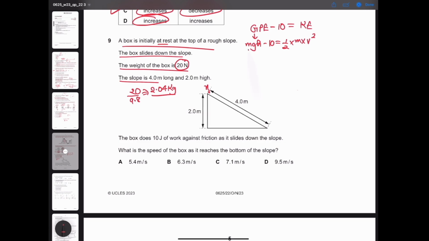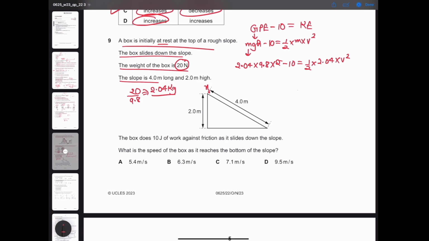Alright. So m is 2.04, g is 9.8, height is how much? 2 minus 10 is equal to half times 2.04 times v squared. Now let's just solve this quickly. 2.04 times 9.8 times 2 is equal to 39.98 minus 10.